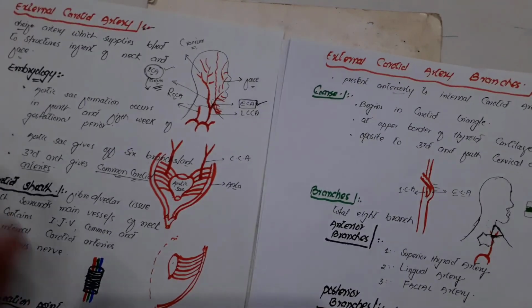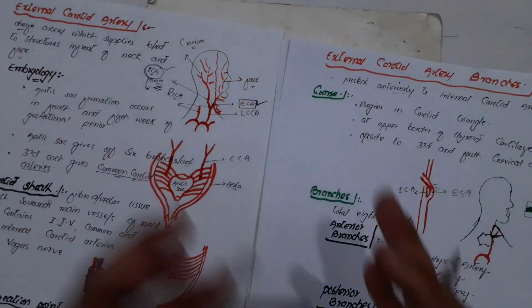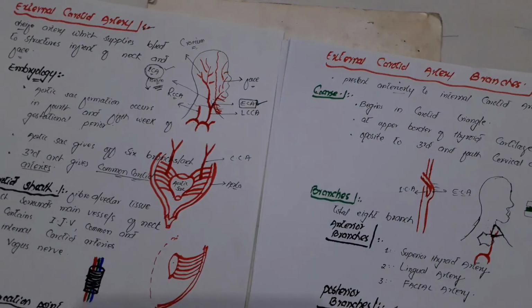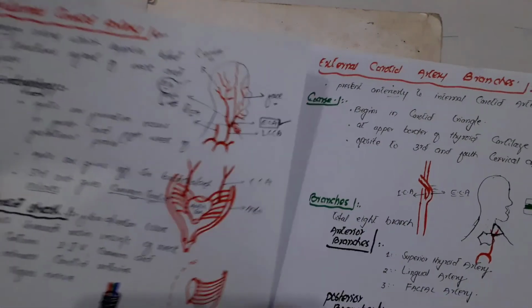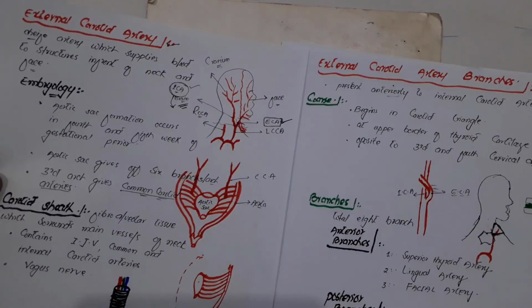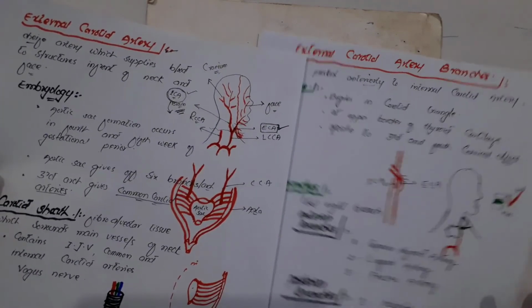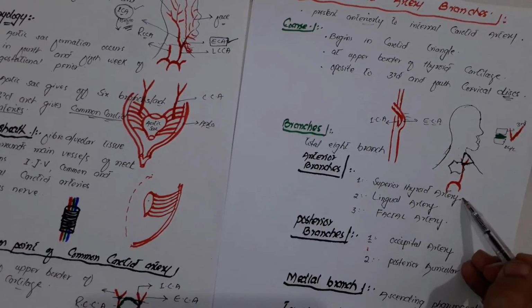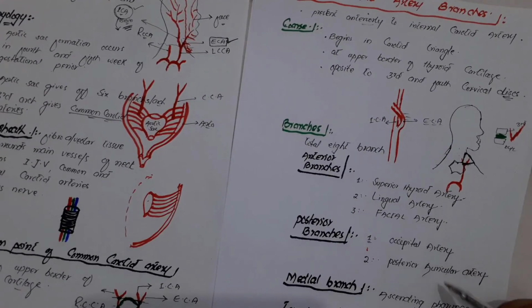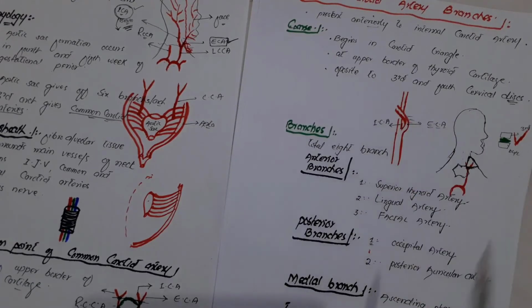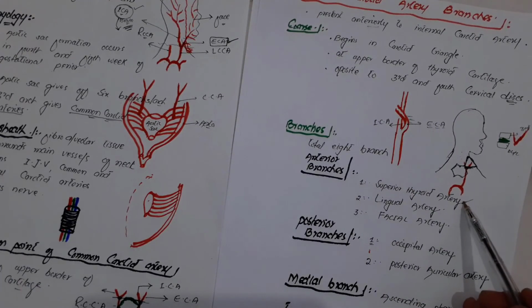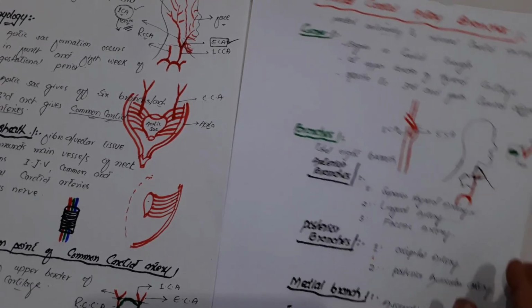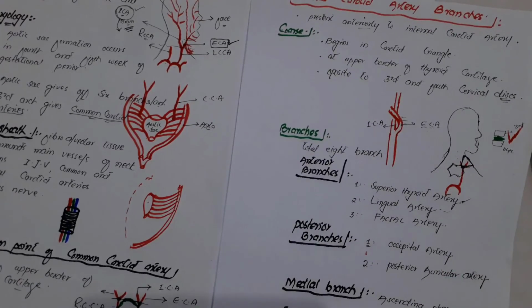Now we have started from the head region and we will move down. Inshallah we will record all the branches. In the next coming lectures we will record about each branch of the external carotid artery, and to where they supply oxygenated blood. So be with us, don't go anywhere.